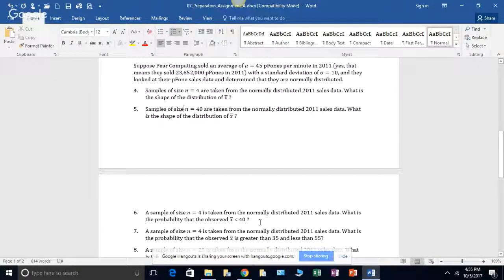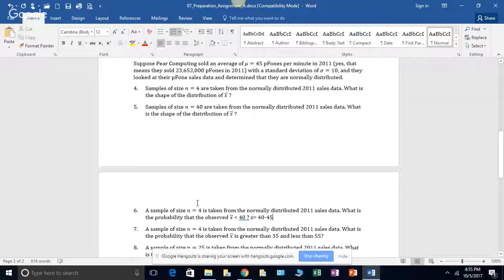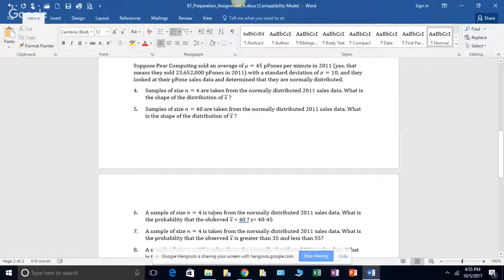So for this one, Z equals, if you don't remember, 40 minus 45, because the sample size is 4.